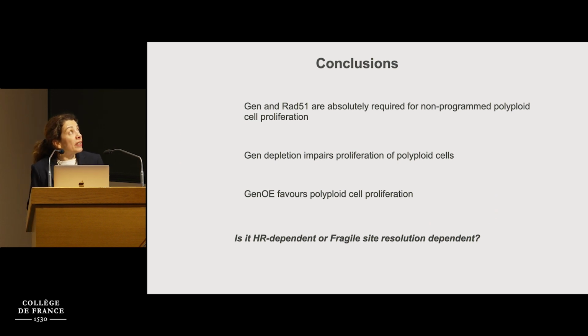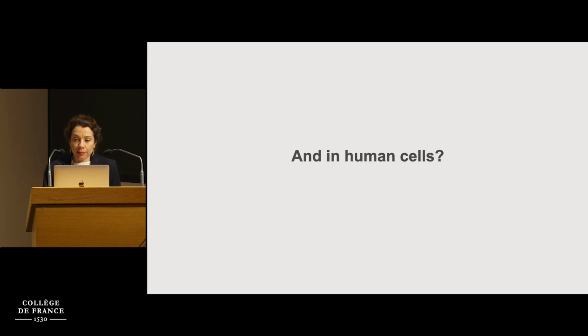So we learned that Gen and RAD51 are absolutely required for non-programmed polyploid cell proliferation, that Gen depletion impairs the proliferation of polyploid cells, and that Gen overexpression favors polyploid cell proliferation. But we do not know from the fly work if it's HR dependent or fragile site resolution, or can even be both.